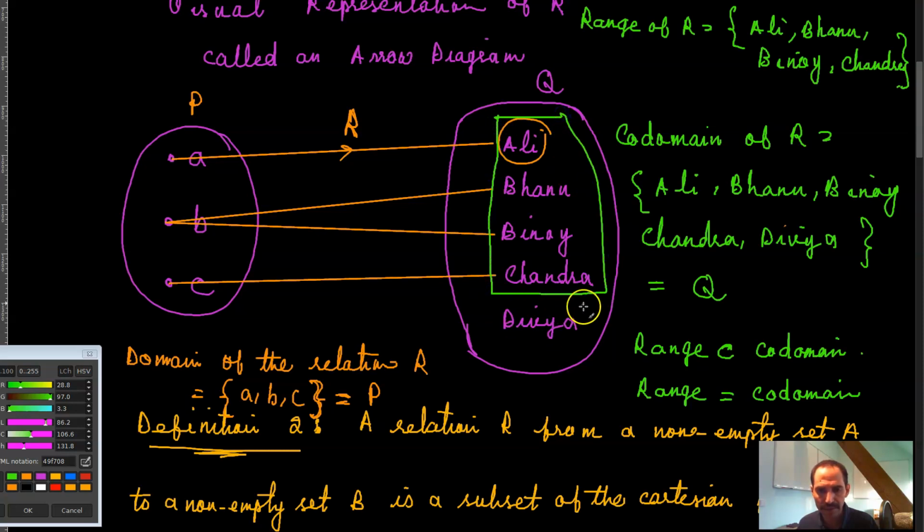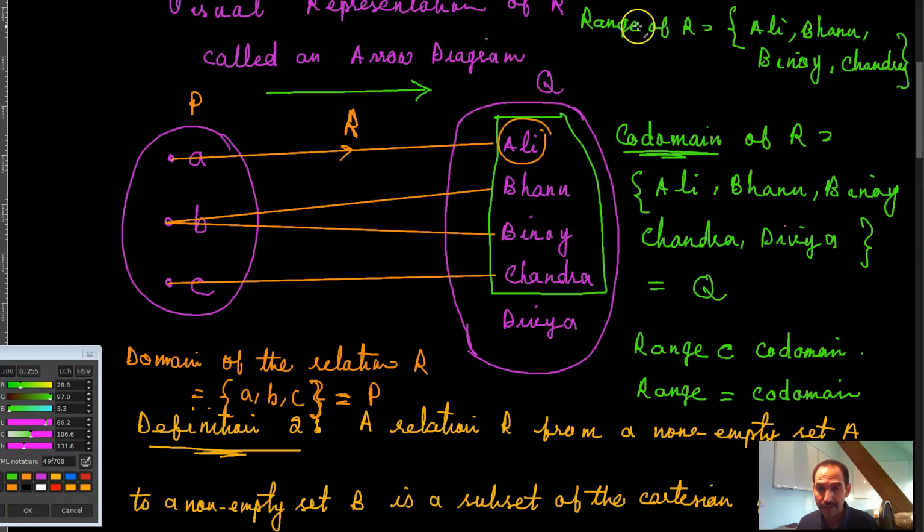And since this element is not a part of the relation, it's not a part of the range. On the other hand, we have the idea of the codomain, which is simply the whole set that the mapping is done to. So the mapping is done to this set over here, the second set. So all the elements of that set are a part of the codomain of the relation.